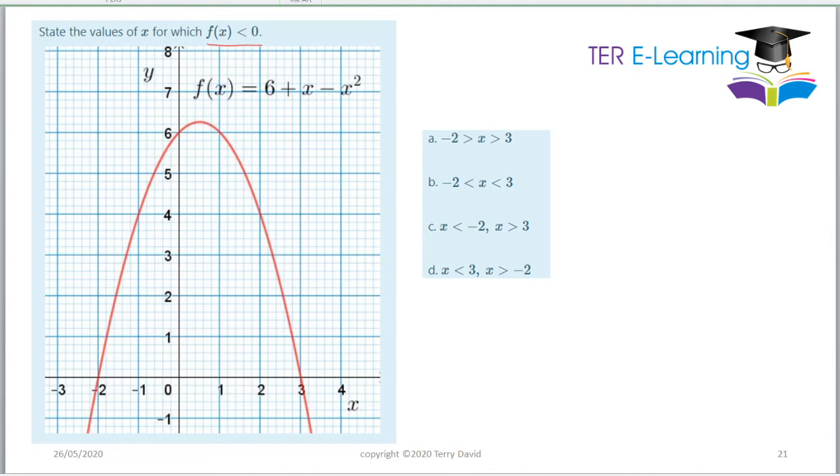So think about it. The question is asking state the values of x for which f of x is less than or equal to 0.